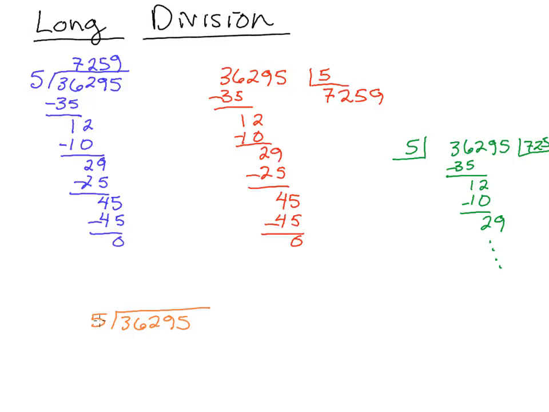I thought it was unusual when I first saw it. 5 goes into 36, 7 remainder 1, and they put 7 there and put the 1 right there to make a 12. 5 goes into 12, 2 remainder 2. 5 goes into 29, 5 remainder 4, and 5 goes into 45 9 times. It was very consistent and concise, where instead of subtracting, they just moved that number right up to that location instead of bringing one down.